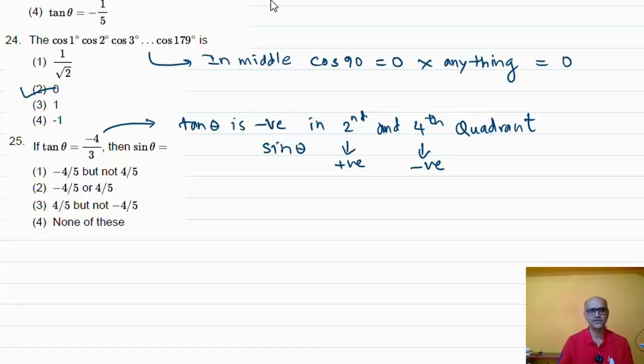So just observe the options. Tan theta is 4 by 3, a Pythagorean triple. Sorry, tan theta is equal to 4 by 3, I have left out the negative sign. So sin theta will be equal to 4 by 5. Put the Pythagorean triple triangle; if it doesn't come directly, sin theta is 4 by 5. So one is plus 4 by 5 and one is minus 4 by 5. So plus 4 by 5 and minus 4 by 5, the second option is our answer.